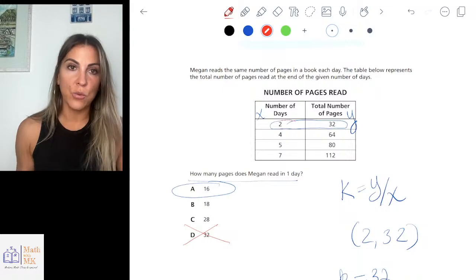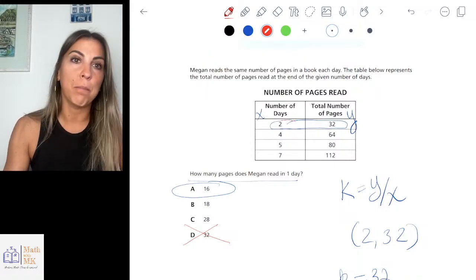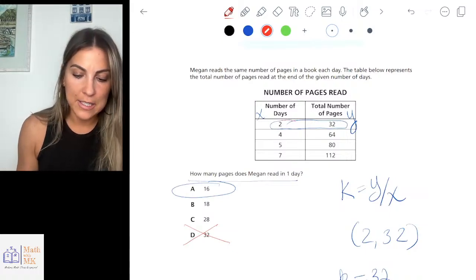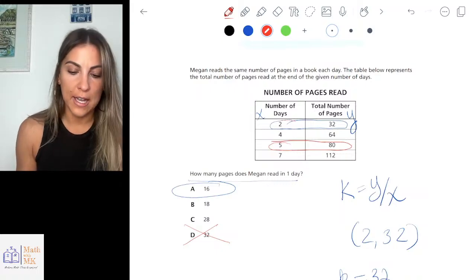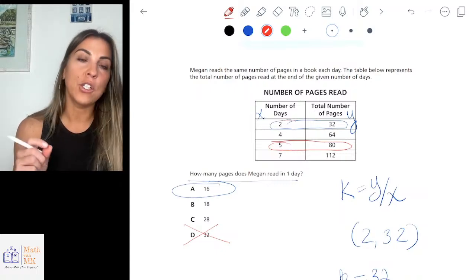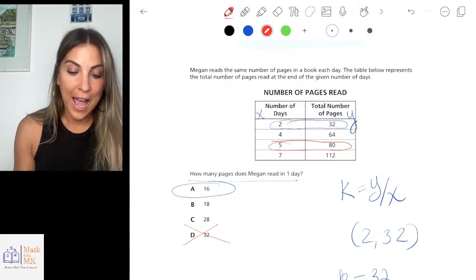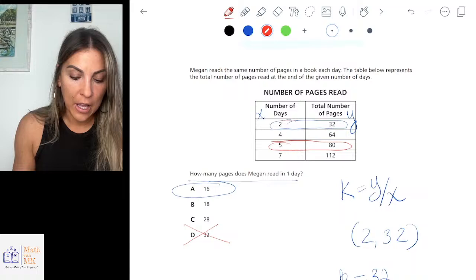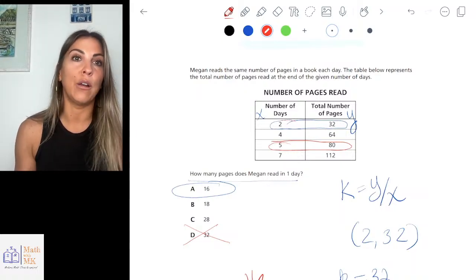And then if you want to just do some checking once you think you have your answer, if she does indeed read 16 pages per day, then I should be able to take any other ordered pair from this table. So let's say I took (5, 80). If it's true that she reads 16 pages per day, then I should be able to multiply 5 times 16 to figure out how many pages she reads in 5 days, right?